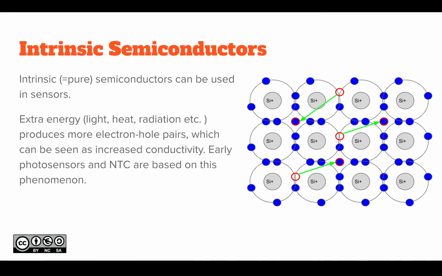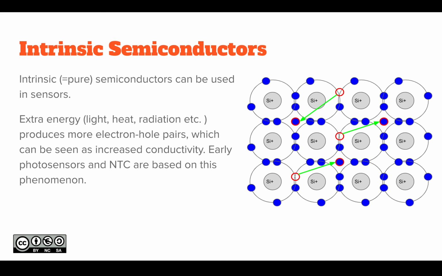The more electron hole pairs you have, the better the conductivity. So more energy means better conductivity, means smaller resistance.